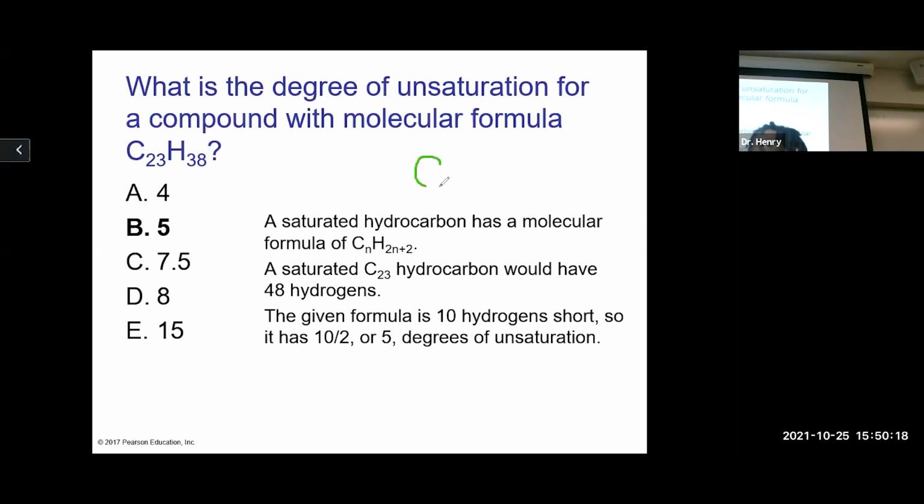Let's try it out. So C, 1, 2, 3, C, and then it has these guys hanging out on the sides. If these guys are hanging out on the sides, then it's going to either be an H or another carbon. If it's another carbon, then you don't have anything hanging off of here, because of a triple bond.